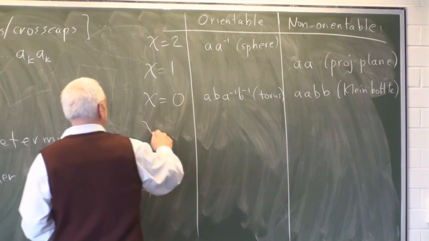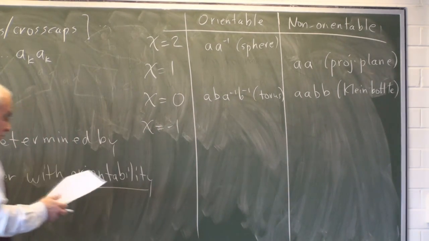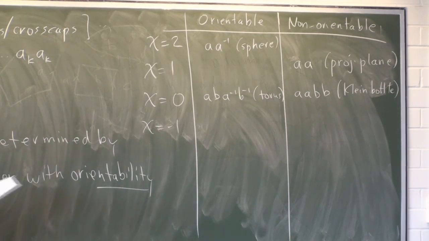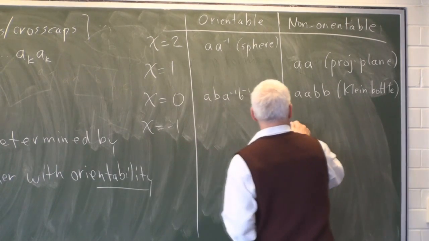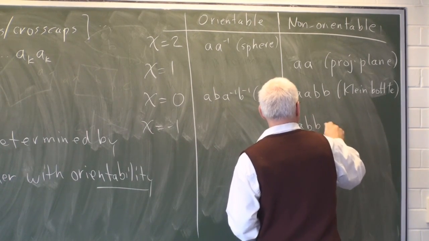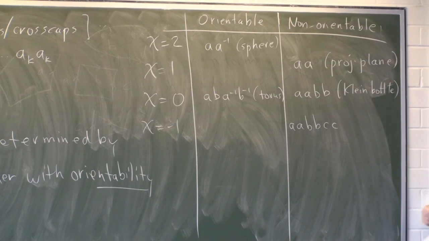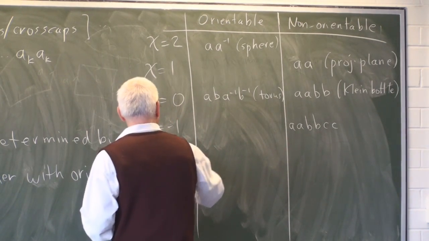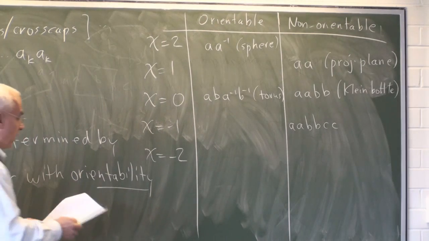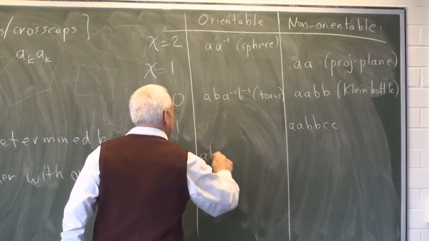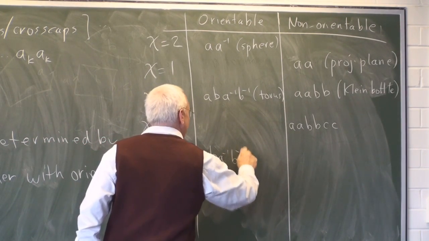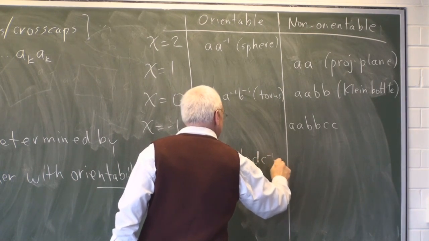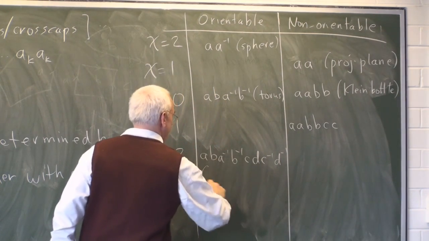Chi equals minus 1. Well, there we could have A A B B C C. That's 3 different cross caps. Chi equals minus 2. It could be A B A inverse B inverse C D C inverse D inverse, which is a 2-hole torus.